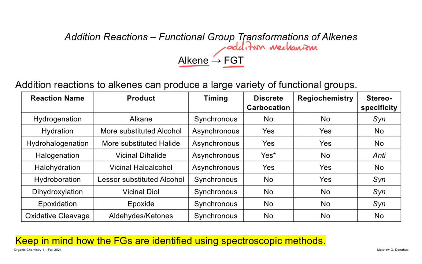Halogenation, you're adding X2. Halohydration, you're adding a chlorine and then an OH. Hydroboration, if you look, hydration and hydroboration are essentially the same thing, but you're able now to better control the regiochemistry.